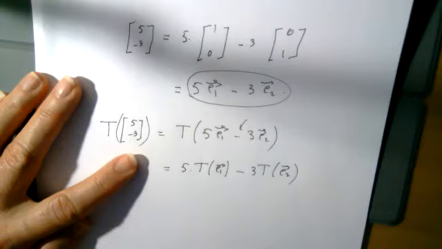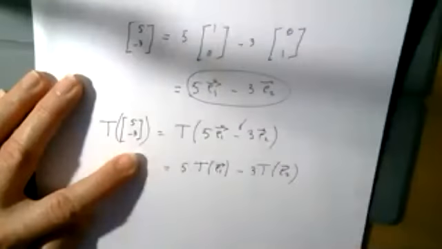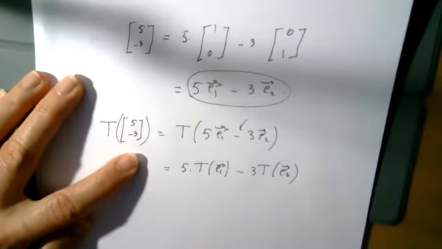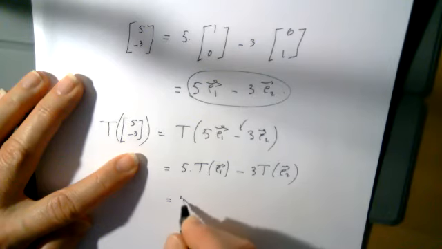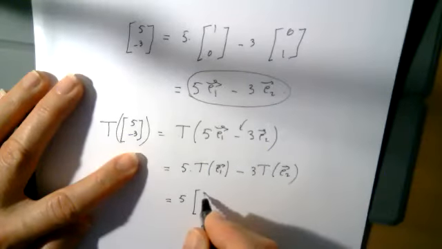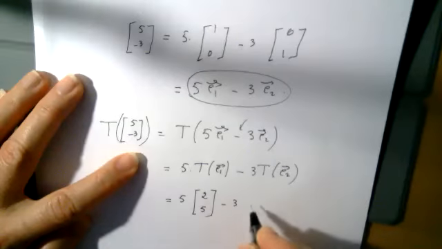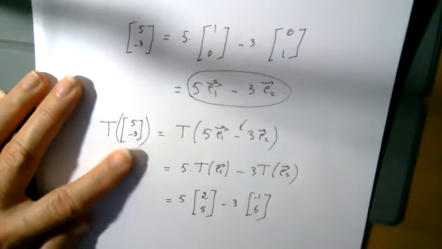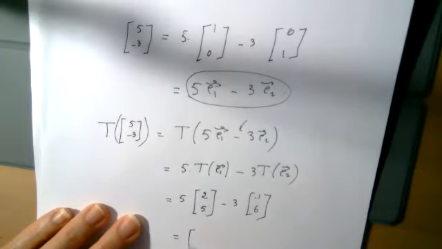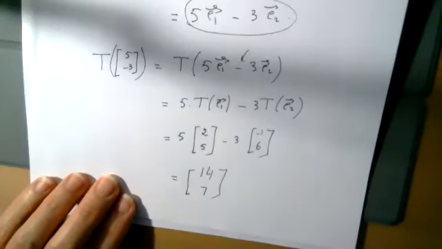All right? Now, I know what T of E1 is, and I know what T of E2 is. So I'm going to find everything. T of E1, according to them, is Y1, which is 2, 5. T of E2 is Y2, which is minus 1, 6. And then I can compute the whole thing. It's going to give me 10 plus 4, 14, 25, you take away 18, you get 7. Questions?